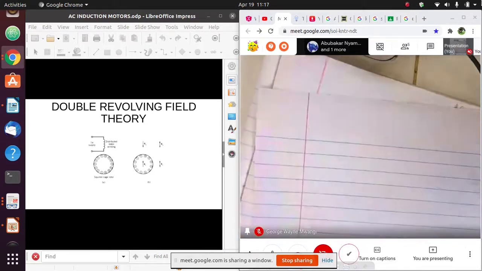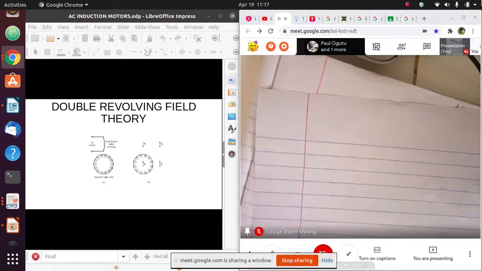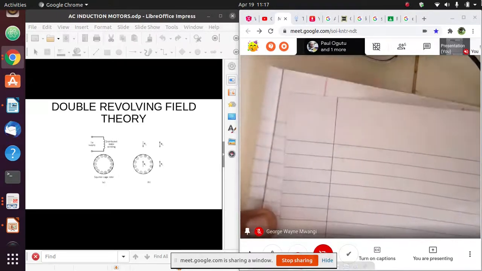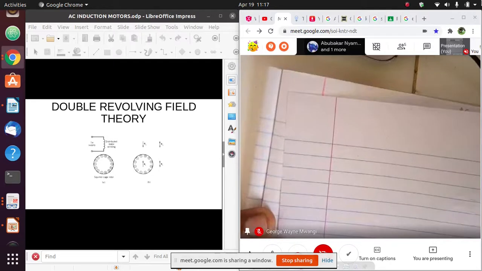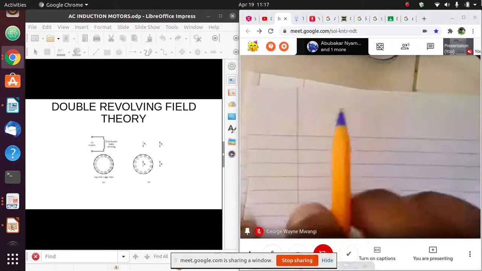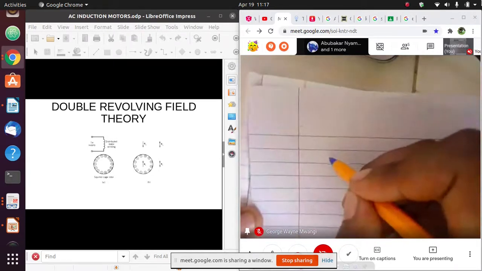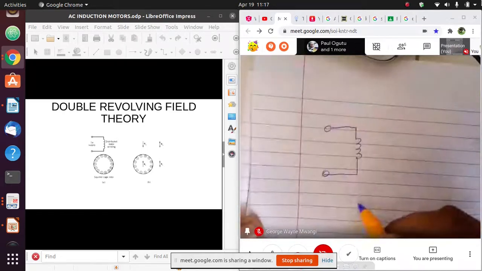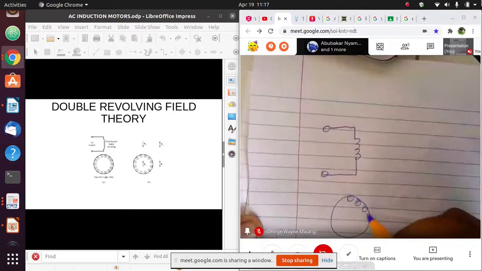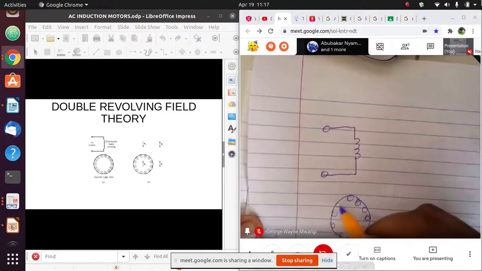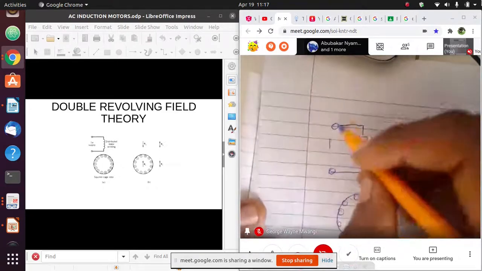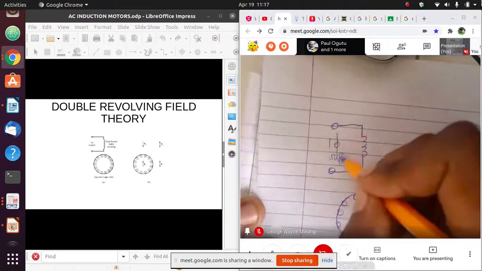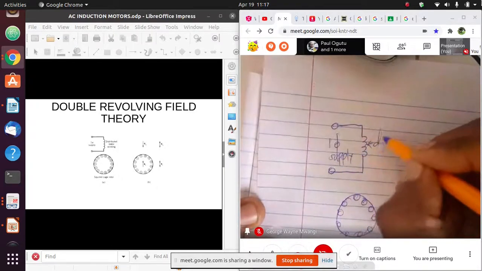Now, I've said I'm going to explain this using something known as the double revolving field. Now, if you look at that diagram I've drawn, we have the single phase supply, and we have the distributed winding.